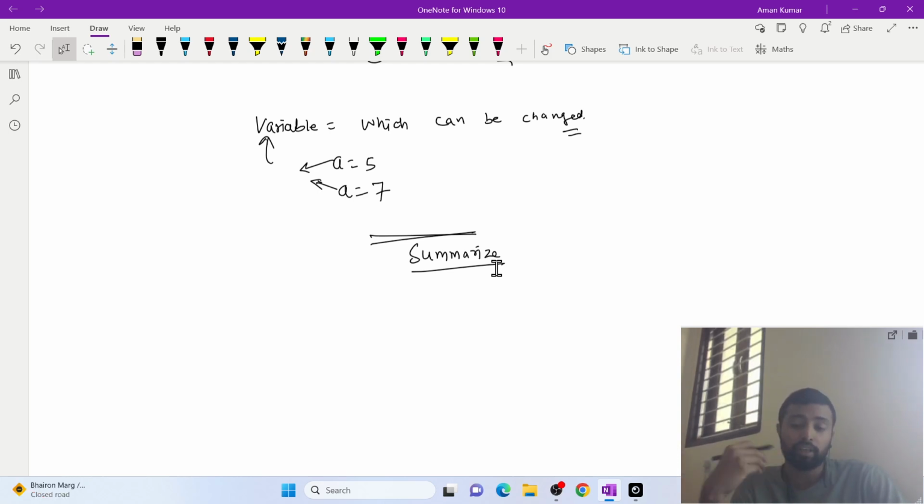We also saw how internally any value is stored in the memory or in the RAM, so that we can perform operations on that value. In RAM there are mini blocks, and each block has a memory location.